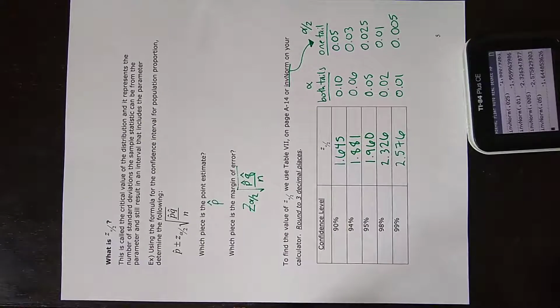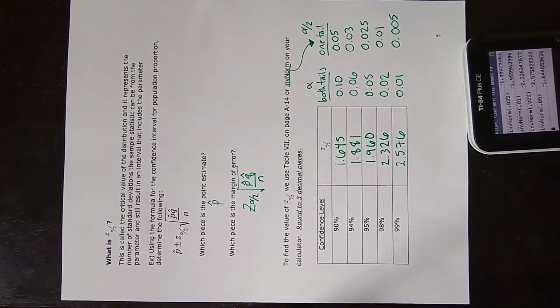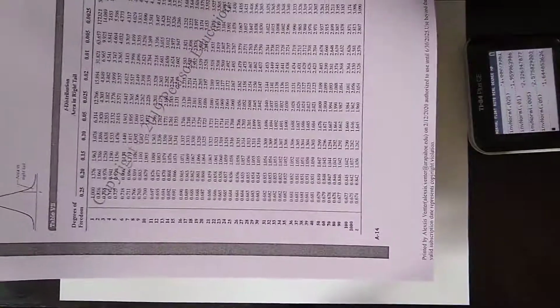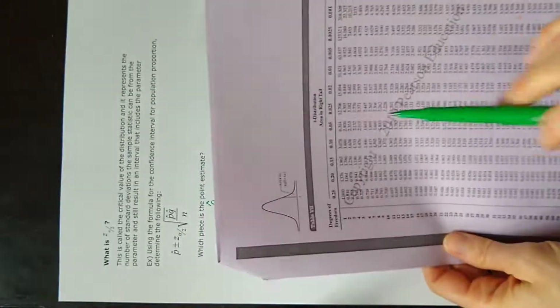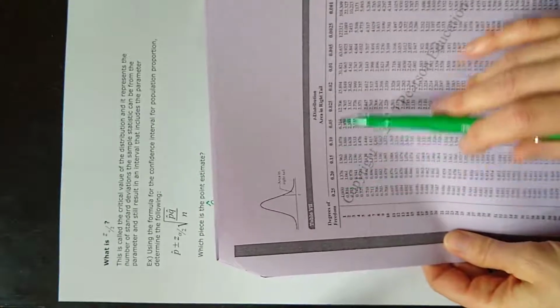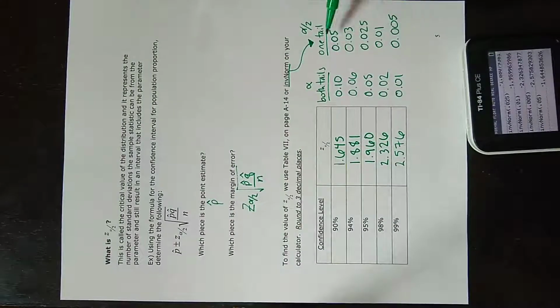So I might refer to this in the future, page 5 of chapter 9 notes. It's just a little handy reference sheet. If you like to use the tables, we can find this information from table 7. Again, at the very bottom of table 7. What is in the top of table 7 is the area in the right tail. So these numbers across the top will correspond with this column.